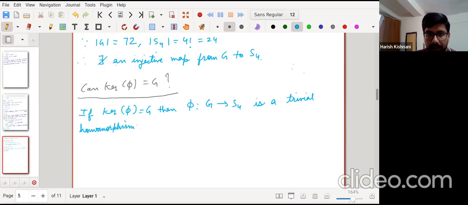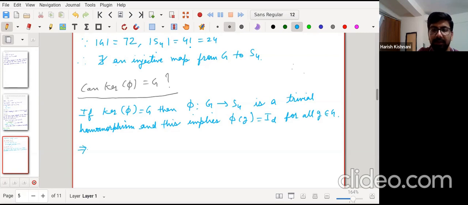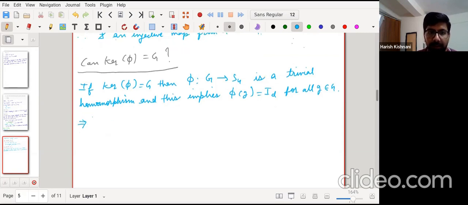This implies phi of g is equal to the identity permutation for all g in G. So whatever g you are taking, as it's a trivial homomorphism, this implies that the action of G on S is trivial.